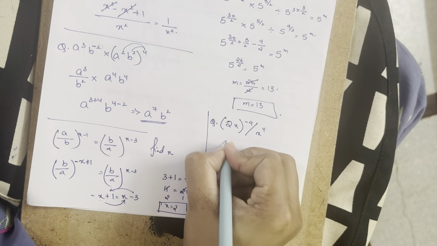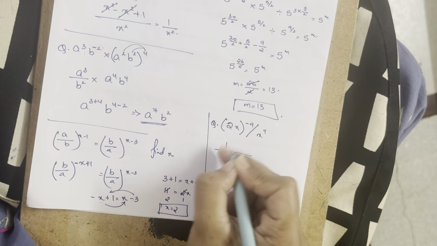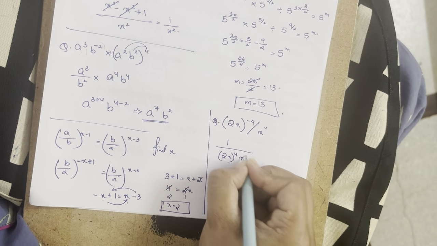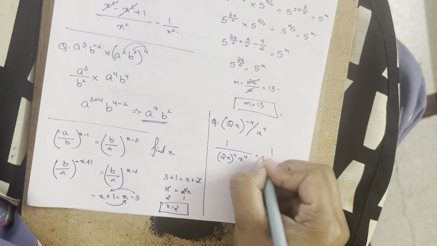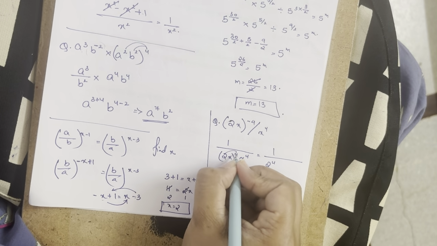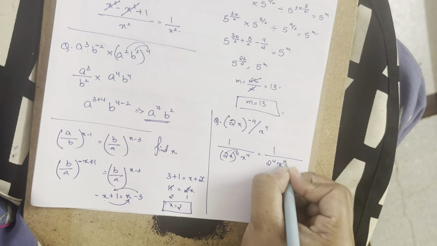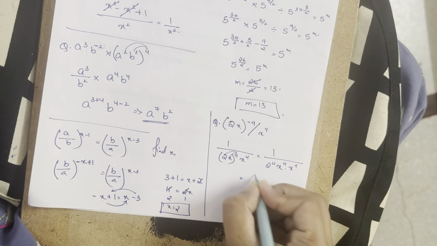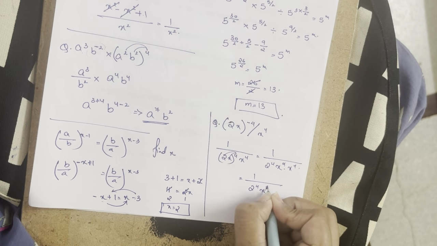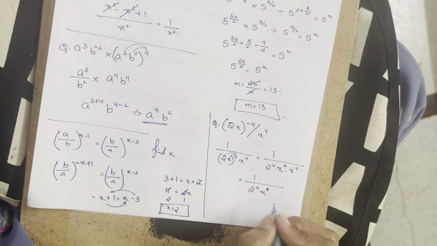So that becomes 1 upon, it should go to the denominator, 2x to the power 4, x to the power 4. So 1 upon, this applies 2 to the power 4. This power 4 is for this as well. 2 to the power 4 and this. So it becomes 1 upon 2 to the power 4, x to the power 4 plus 4, that becomes 8. Not 16, but it becomes 8.